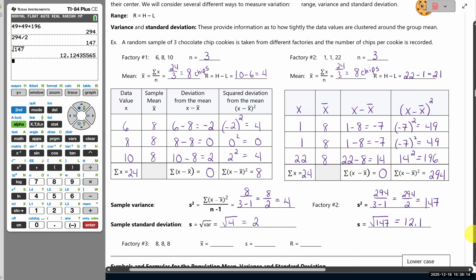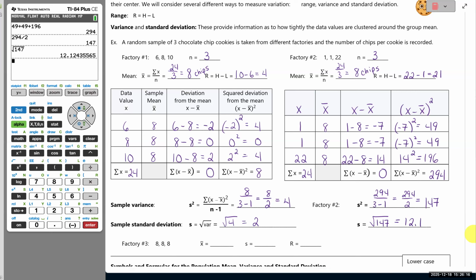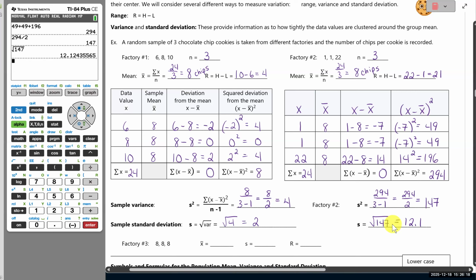All right. So here's kind of what we want to see. How these numbers directly apply to a problem, we're going to see later. Right now, we're just trying to see that the bigger the standard deviation, so factory 2 has a bigger standard deviation than factory 1, the more variation we're seeing in that data set.